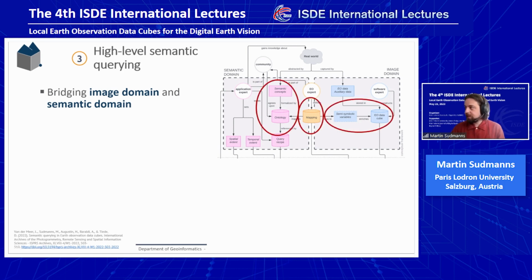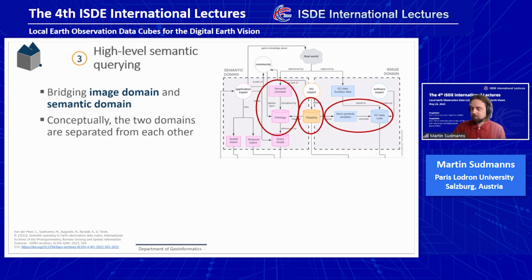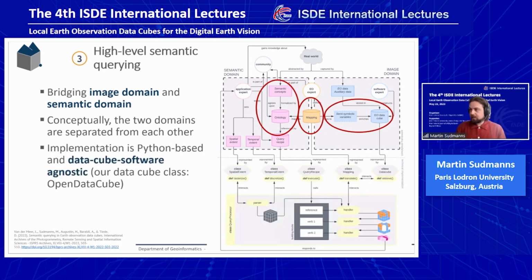So conceptually, these 2 domains are separated from each other. The user is creating, in more or less their own vocabulary, their language, the queries, and then this is translated into the image domain.